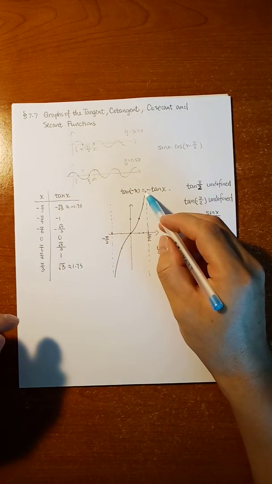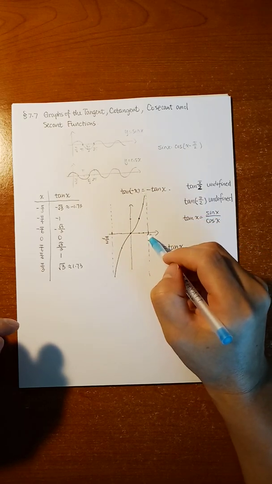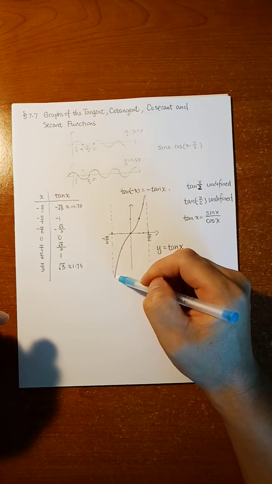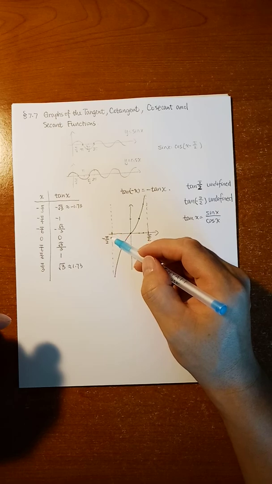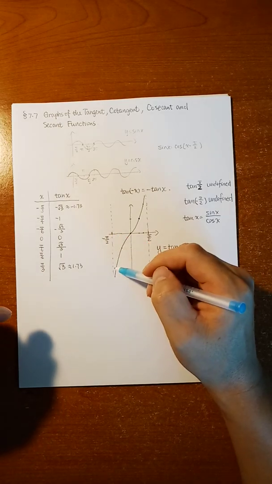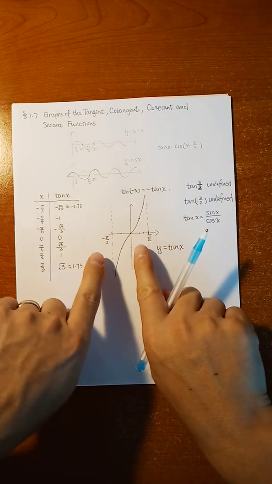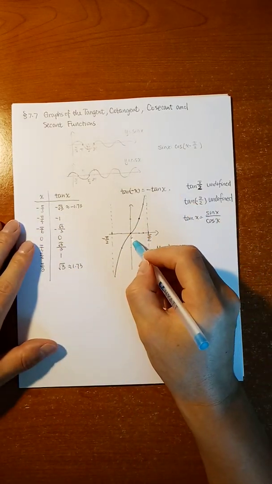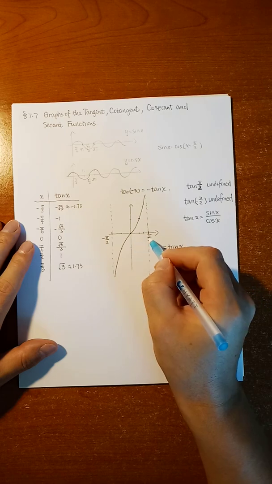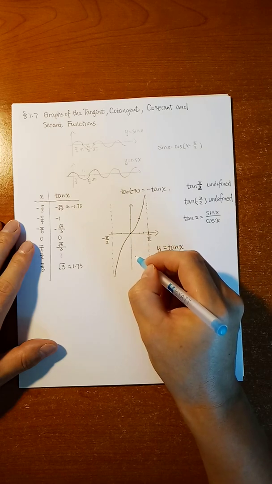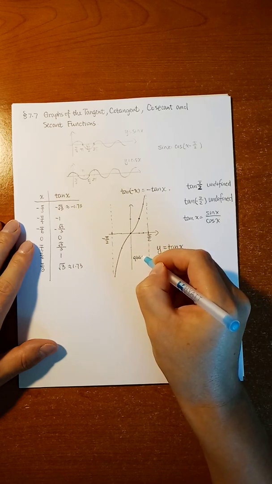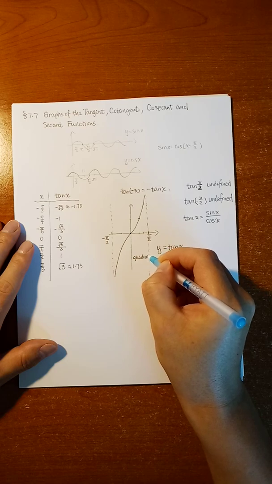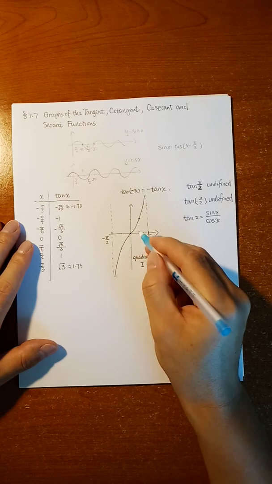It will approach positive infinity when it approaches pi over 2 from the left side, and approaches negative infinity when it approaches negative pi over 2 from the right side. When you draw this, you will realize x between 0 and pi over 2 is in the first quadrant.